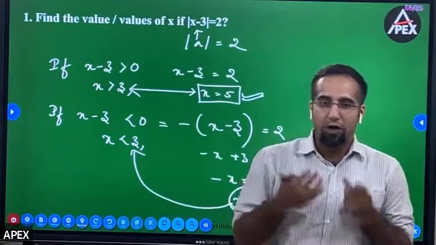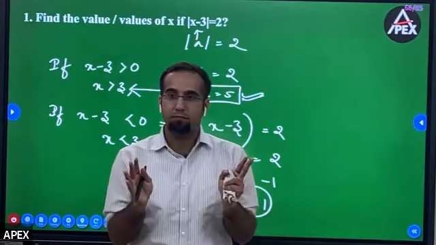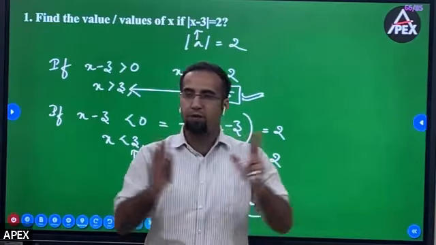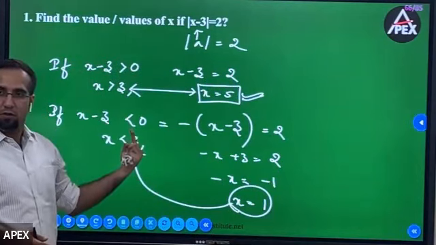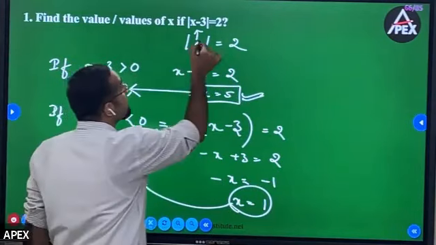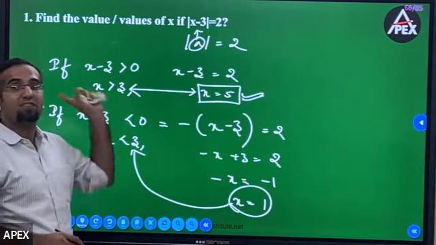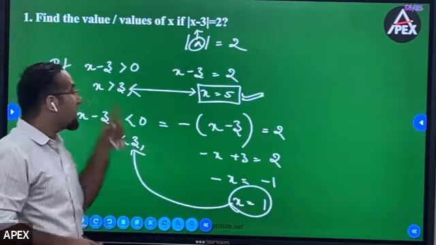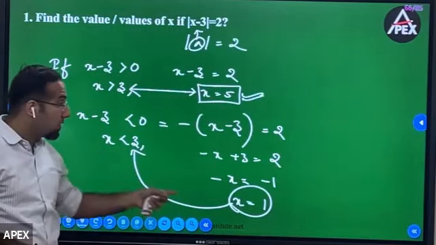Clear? So in modulus, your first job is to get rid of modulus. First things first, get rid of the modulus sign. To get rid of the modulus sign, mathematically I do these things. But remember, anything within the mod is to be considered. Here you cannot say x greater than 0 or x less than 0. If you are taking x greater than 0, this will satisfy. If you are taking x less than 0, this is not satisfying.